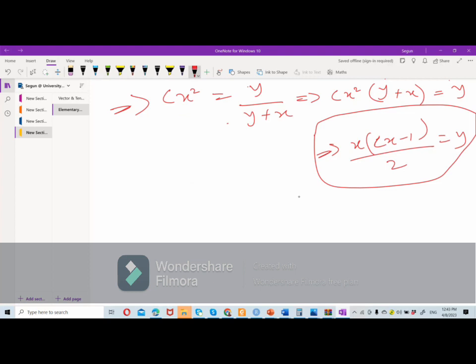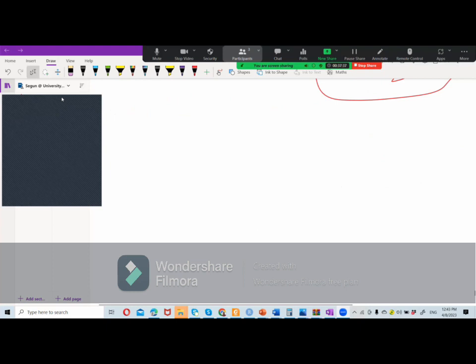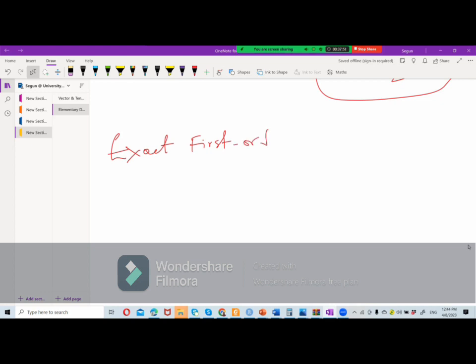So I just digressed, but the main topic for today is this. Let's look at the exact first order differential equation.